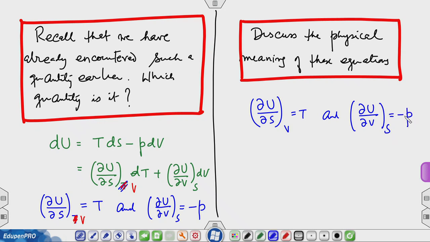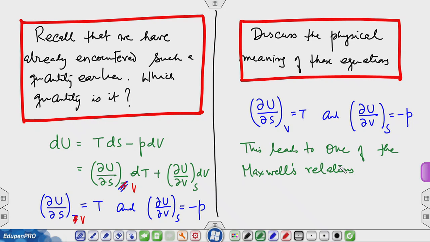Now, this leads to one of the Maxwell's relations.